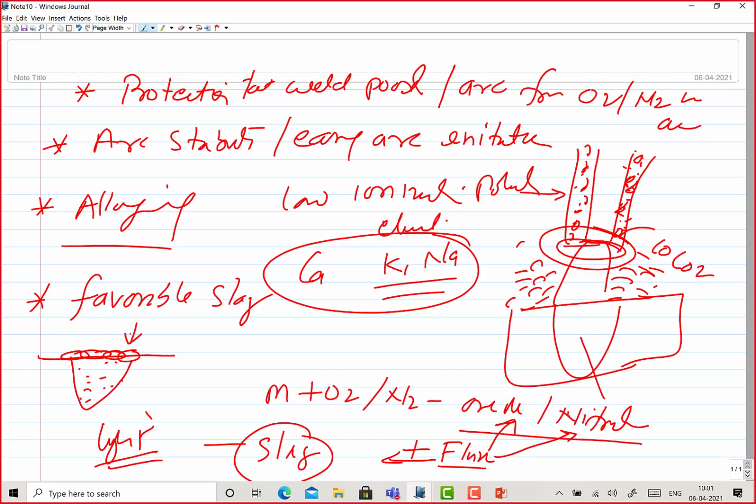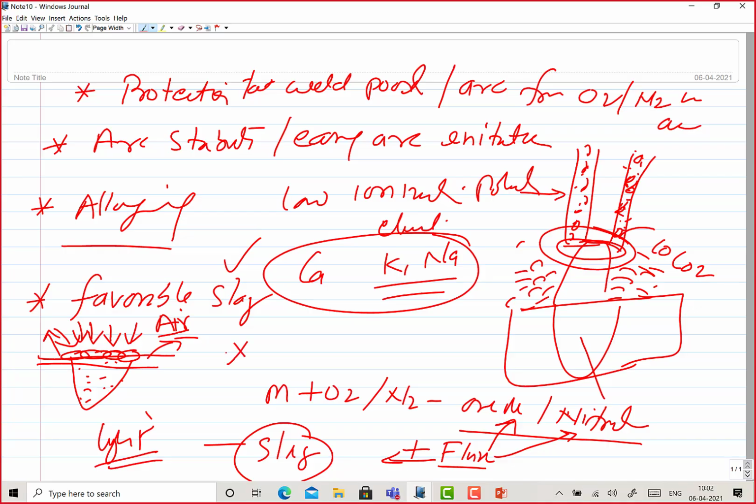Once the cover of the slag is formed at the surface, it restricts the entry of the air interaction with the molten metal, and on solidification, slag is automatically removed through hammering, or it is detached automatically. So the formation of the suitable slag is another purpose.